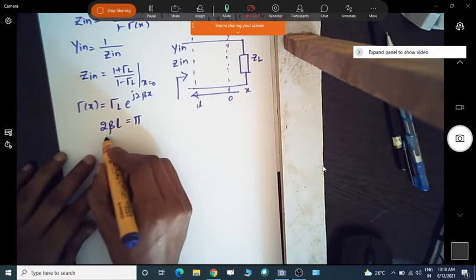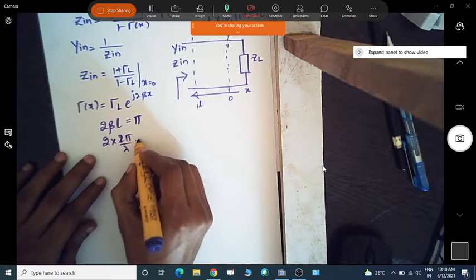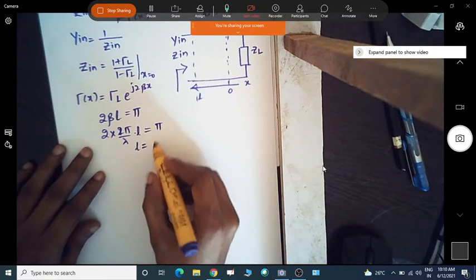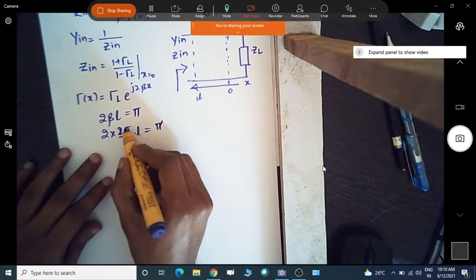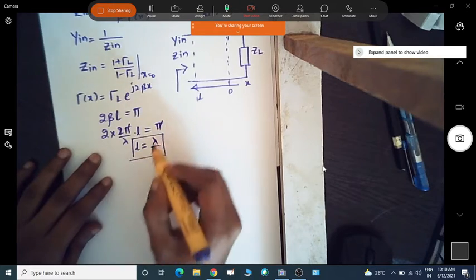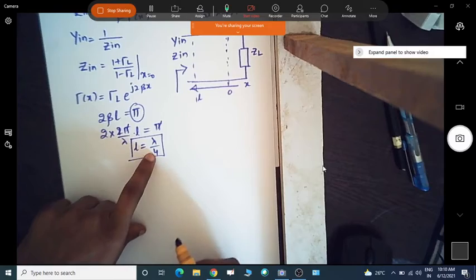So if I substitute beta, which is equal to 2 pi by lambda, into L, which is equal to pi, we can find out L, which is nothing but lambda by 4. That is, the phase change of pi will happen for the length of lambda by 4.